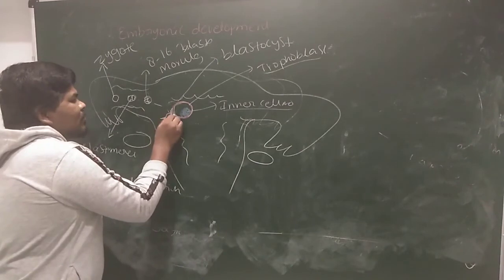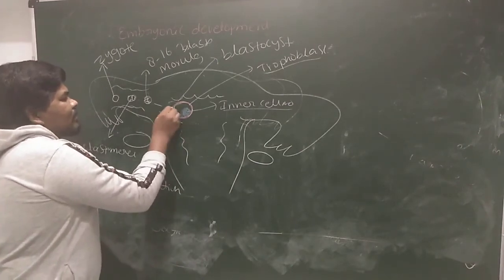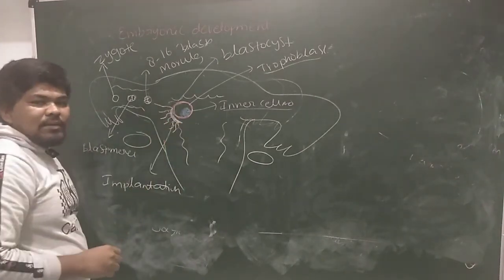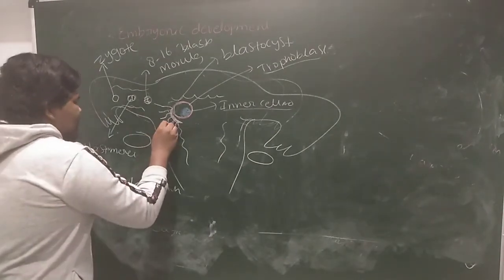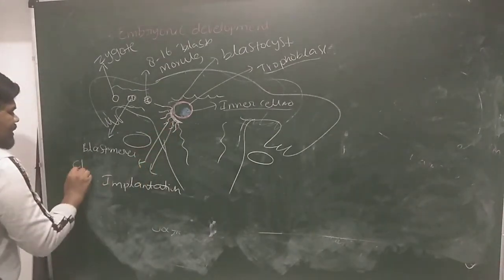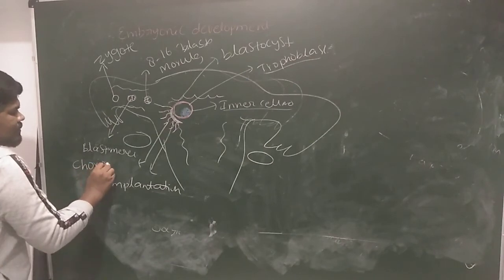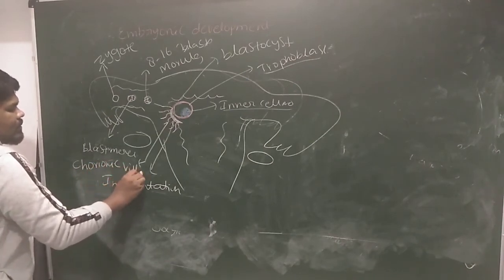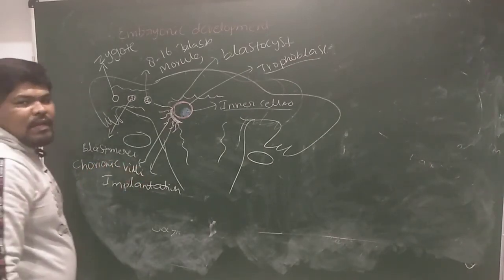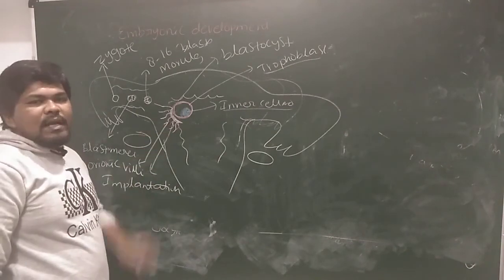After that, the trophoblast layer will form finger-like projections into the uterine wall. These finger-like projections are called chorionic villi, and they are used for the attachment.